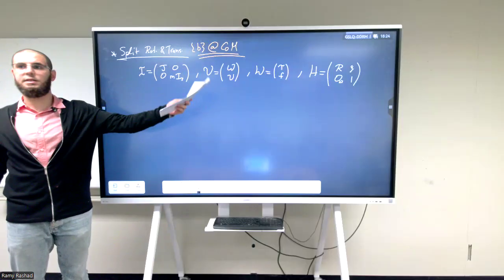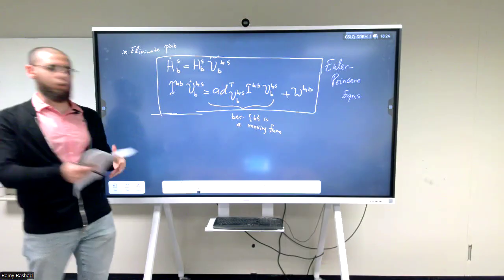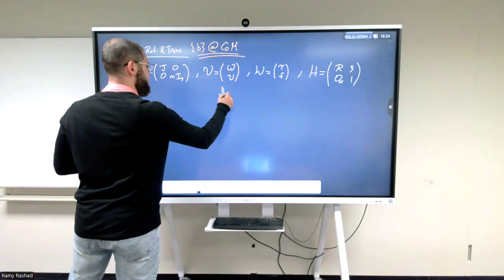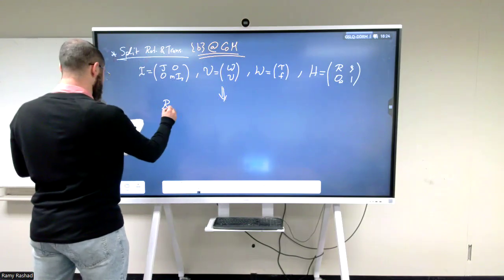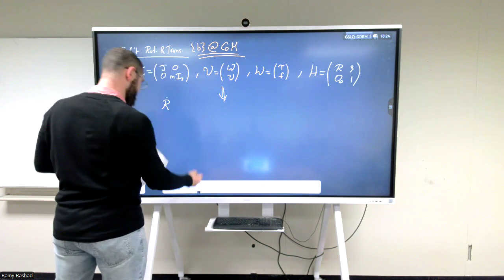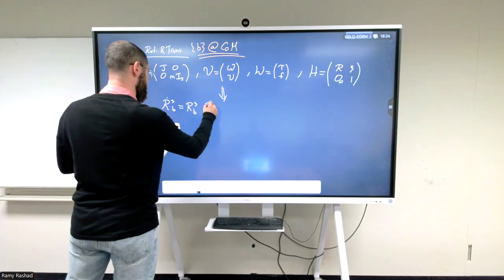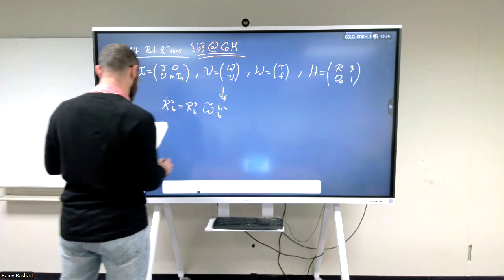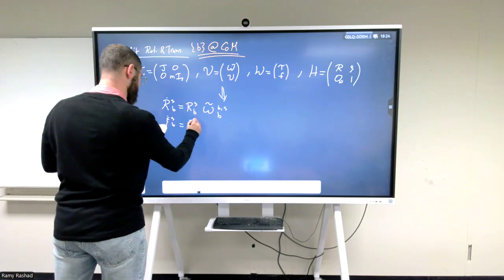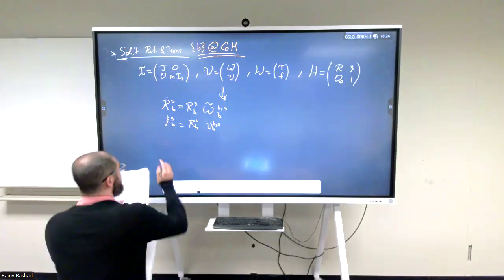If you just take these equations and plug in these ones, you can show for yourself that they are equivalent to the following equations. R dot, from B to S, is equal to R omega tilde, and psi dot is equal to R from B to S times v.